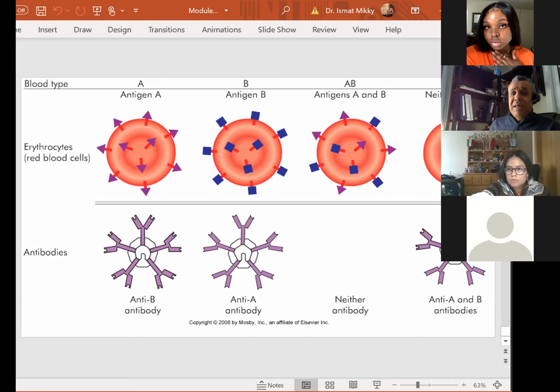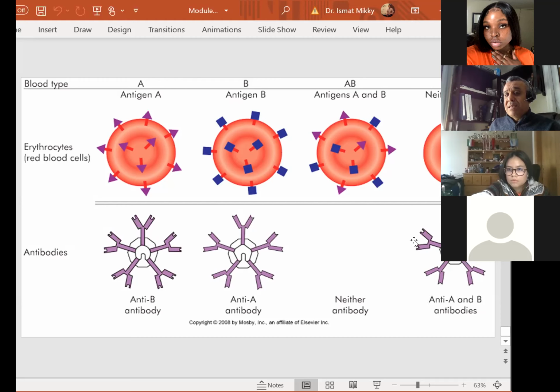And then the last one is the O. The RBC doesn't have any antigen, but it has both anti-A and anti-B antibodies, which means the people with O blood type cannot receive any of these, because they have A or B antigens, and this patient has antibodies against both of them.